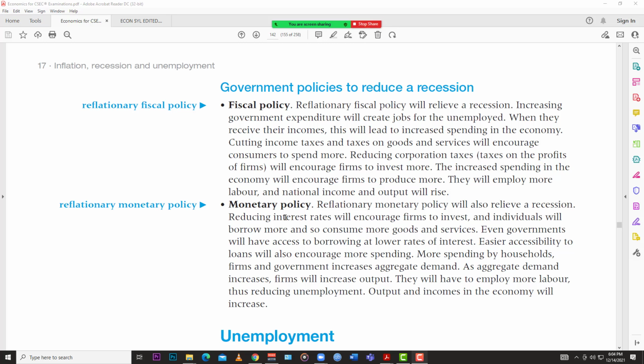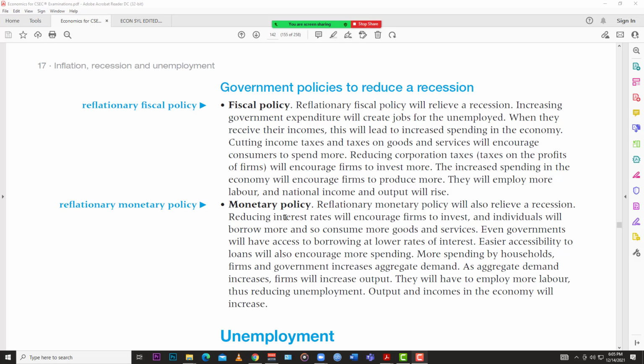And so this can lead to an increase in demand, which can in turn lead to an increase in output, because the firms now have to capitalize on this increase in demand by making more. And if they are making more, they would need more people to make more, and so they would hire more persons. And you can see the multiplier effect right there. They hire more persons, they're getting money.